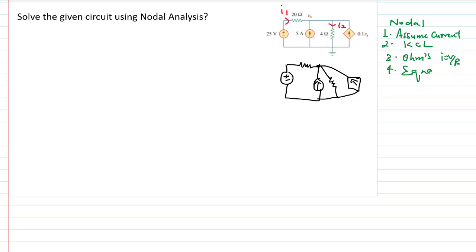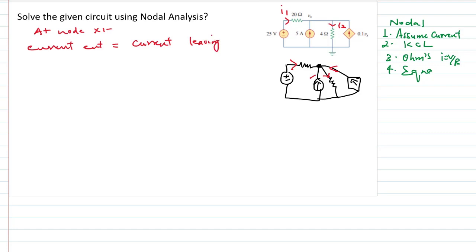So this is a single node, and one equation is sufficient. You can see this current is entering, this is also entering, this is leaving, and this is also entering. So at node X, the currents entering equal the currents leaving.